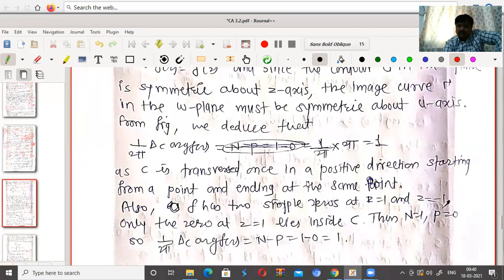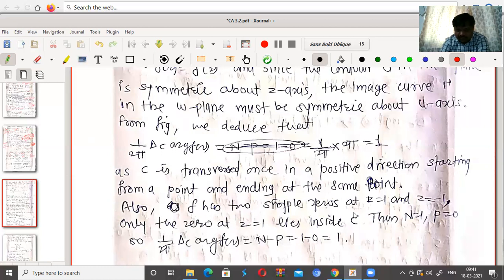As C is traversed only once in the positive direction, starting from a point and ending at the same point, initially the argument of f of z was 0, and by taking one complete rotation, the argument of f of z becomes 2 pi. Therefore, change in argument becomes 2 pi minus 0, that is 2 pi.